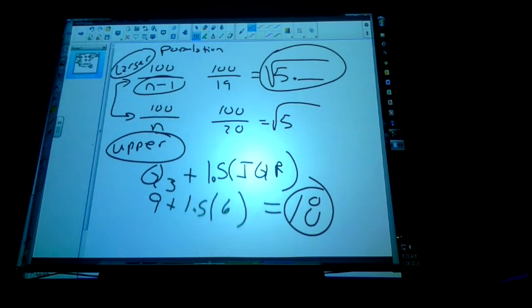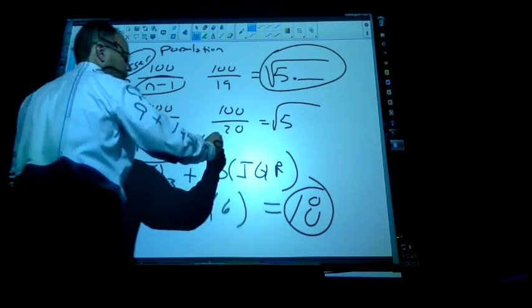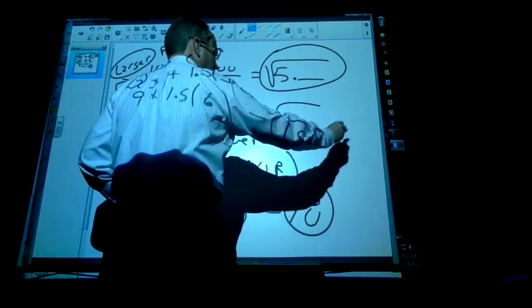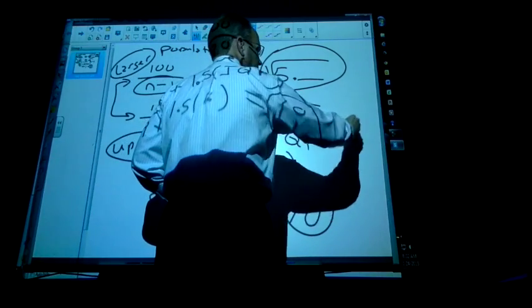So with my data being 1, 3, 5, 6, 9, 9, 12, is there an outlier to the top? No, it has to be beyond 18. And then if I wanted to find the lower limit, that's going to be Q1 minus 1.5 times 6.